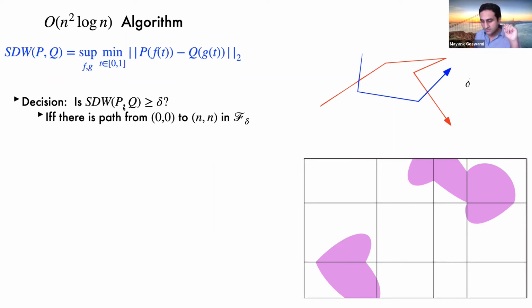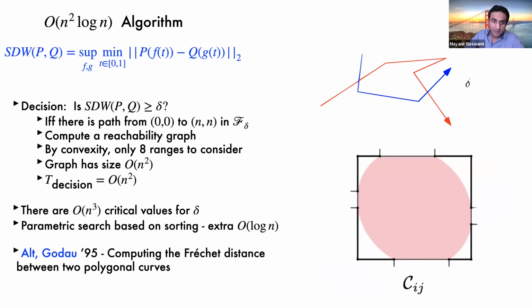And once you solve the decision version, then with an extra log factor you can actually compute the largest delta that works. To solve this decision version, it's equivalent to deciding if you can go from the bottom left corner of this free space diagram to the top right corner of this free space diagram.